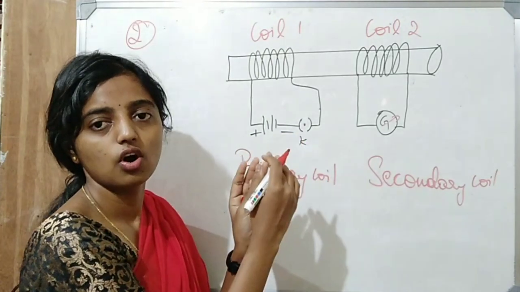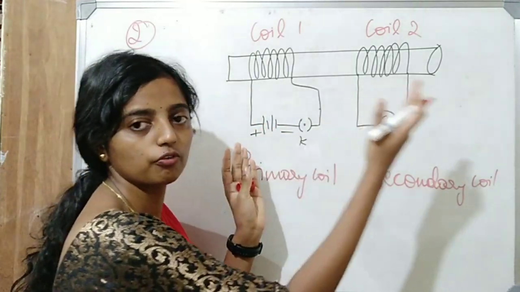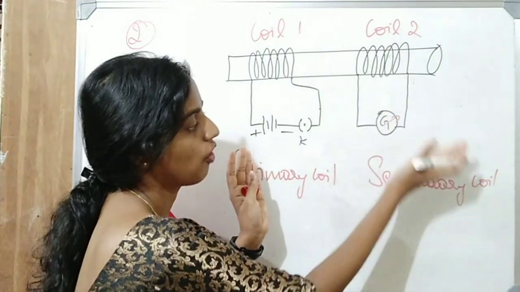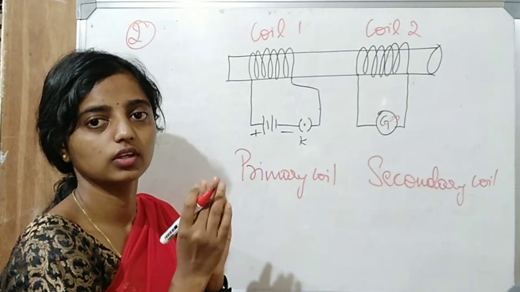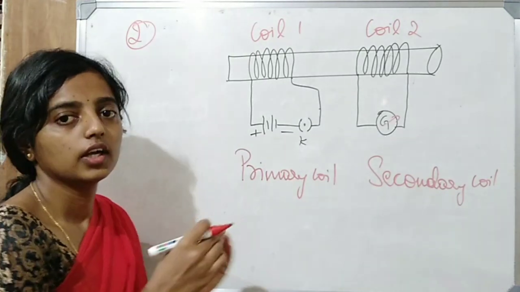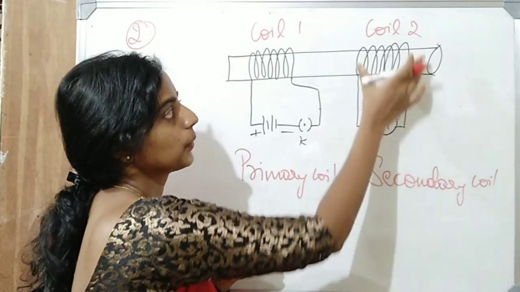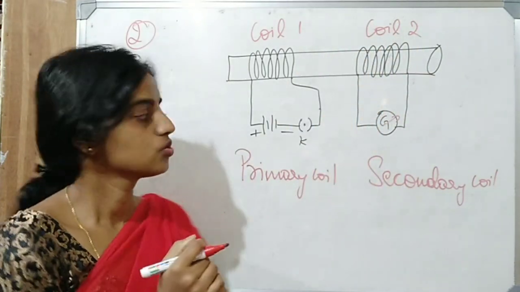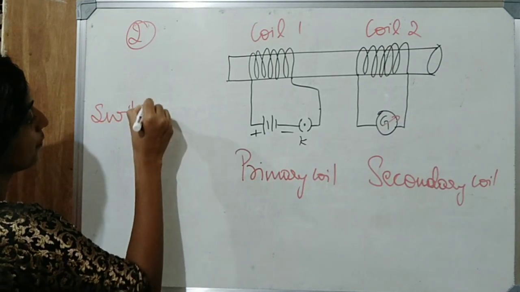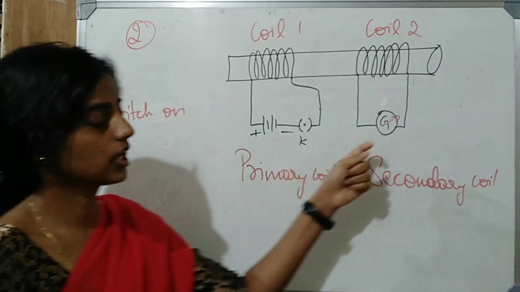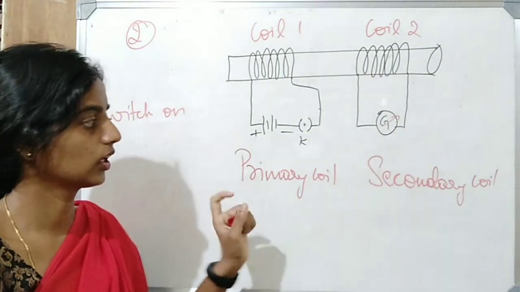A deflection went forward to the right and it came back to neutral, that is 0. He observed that, so he wondered which technique would produce induced current in coil 2. So when the switch is on, we observe a momentary deflection in the galvanometer.